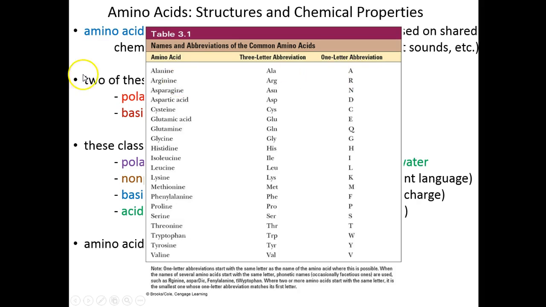Obviously, if you use A for alanine, you can't use A for arginine as well, and you can't use A for asparagine either. So scientists have tended to go with letters that make some intuitive sense. So R is used for arginine because arginine starts with R, and asparagine gets an N because that last bit of asparagine is very N-y.